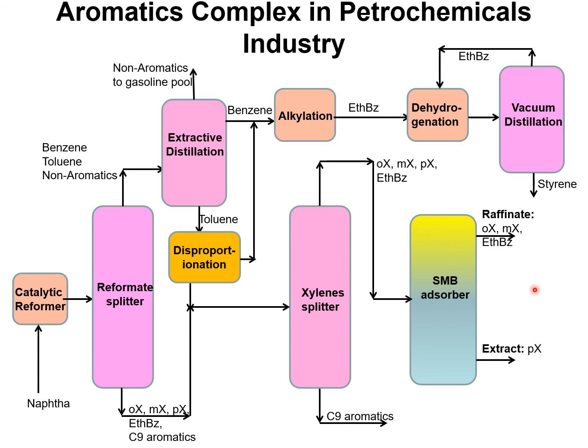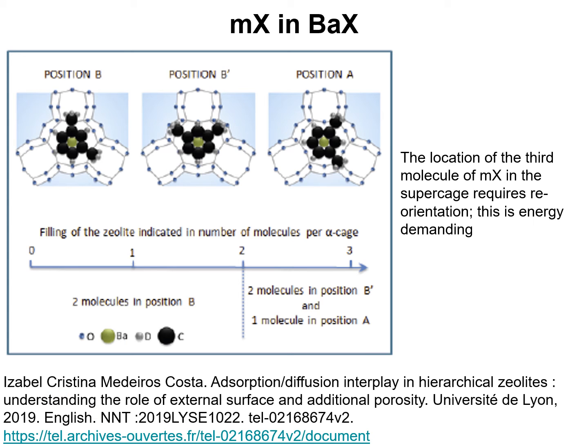So in the subsequent slides, we will consider adsorbents for separation of C8 aromatics and for styrene ethylbenzene separations. A very good description of the separation of xylene isomers using barium X zeolite is available in the thesis of Costa that is available online.